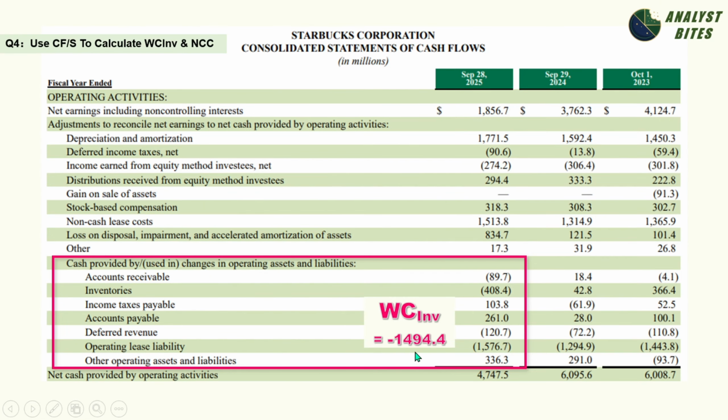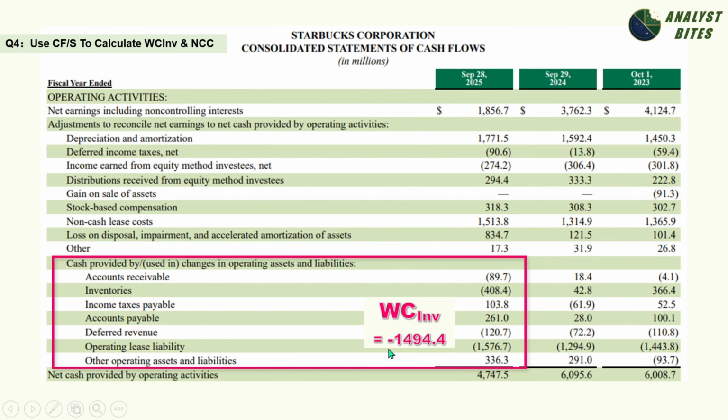When calculating FCF, can you just plug this negative number straight into the formula, turning it into minus a negative 1,494.4? Absolutely not. You have to understand the common sense behind the formula. The logic here is completely different from what we saw in question 2.